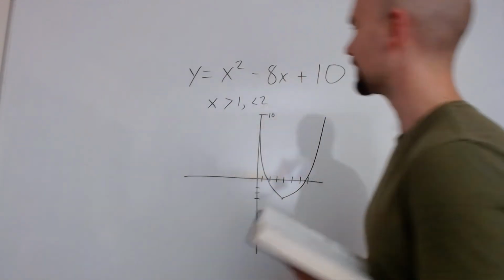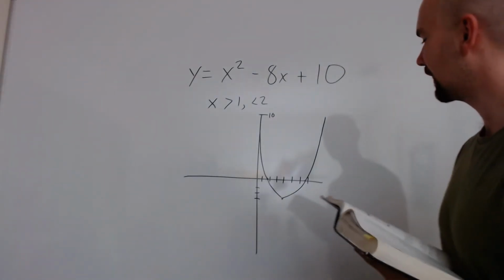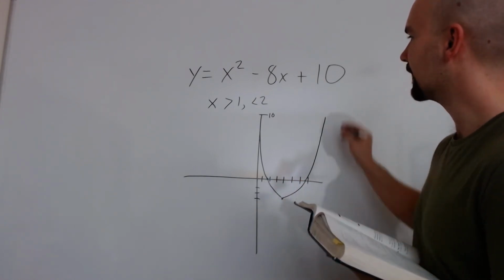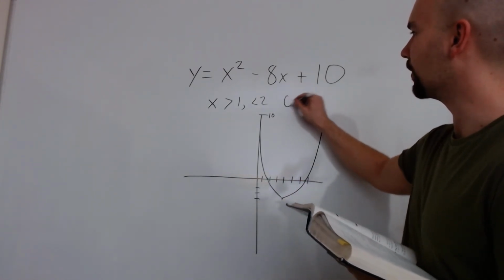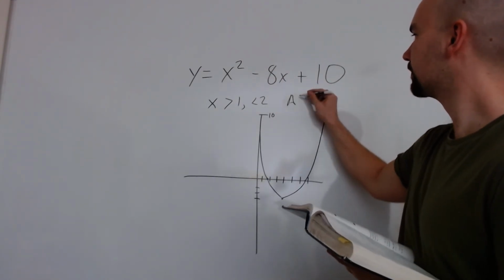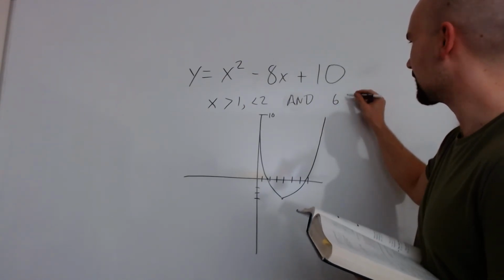You don't have to write your answer that way, I'm just trying to express it, but it's between 1 and 2. And then over here, it's somewhere between 6 and 7.